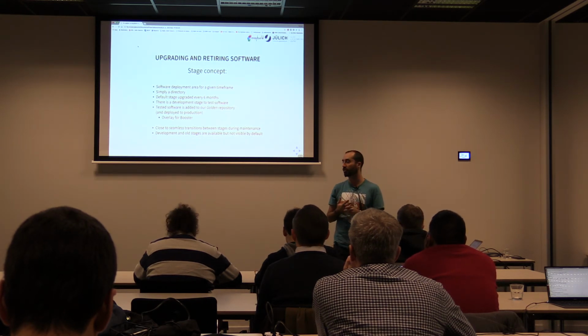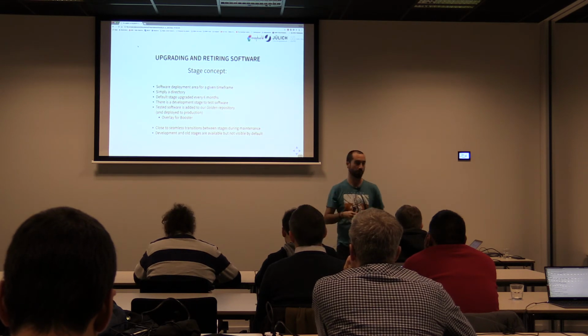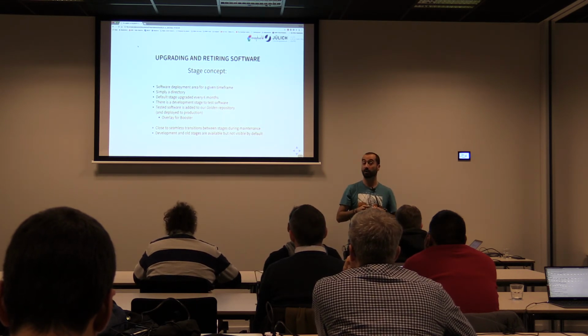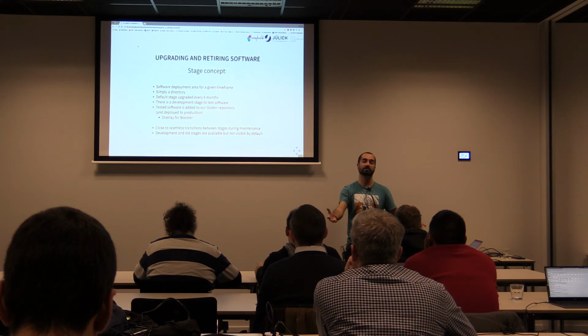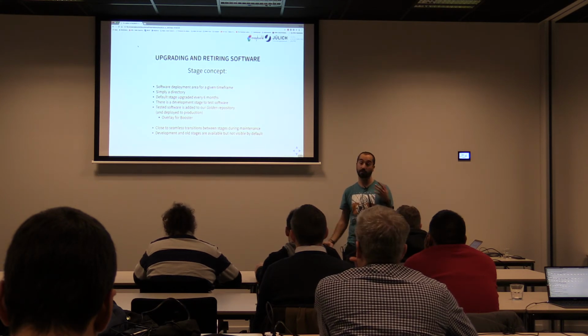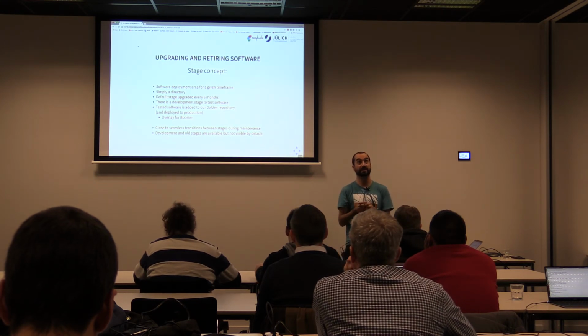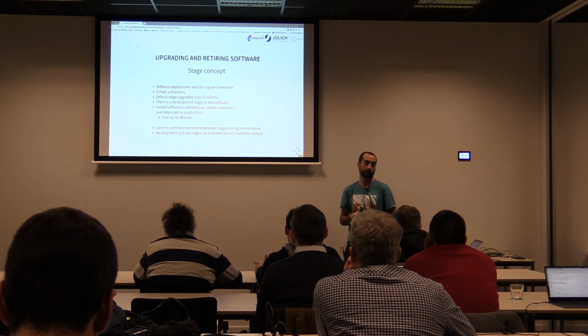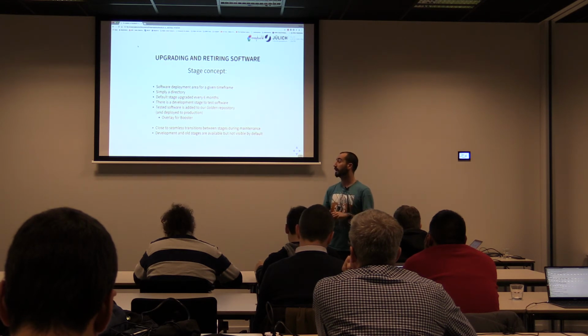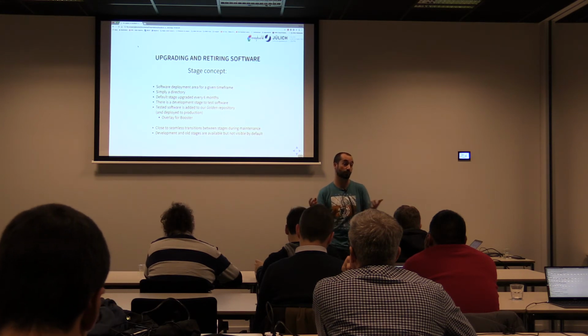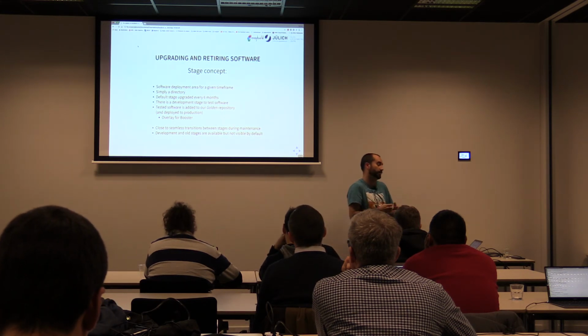We don't do a full test of all the software we install. I ask my colleagues, I deploy the whole stack, please test it. Some people test the things they are responsible for, the things they are experts on. Some people don't, so we might have cases where something is not working and it's been installed for a month, just because nobody tested it before.